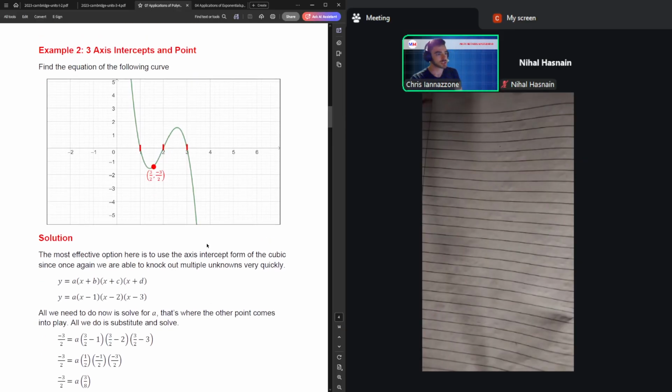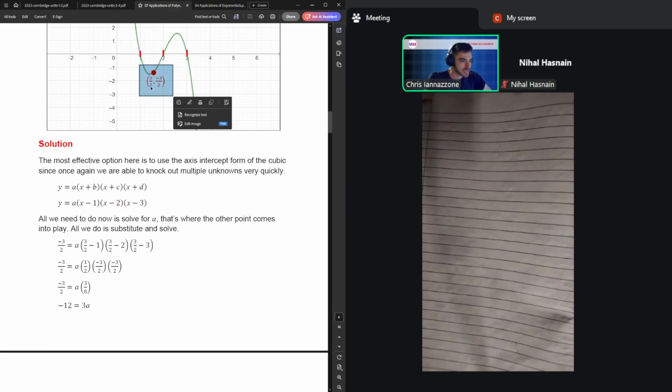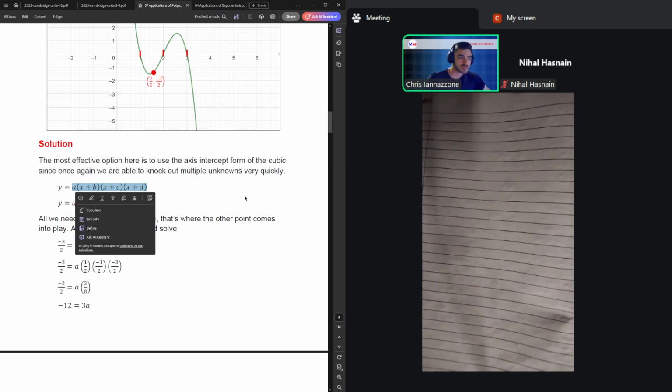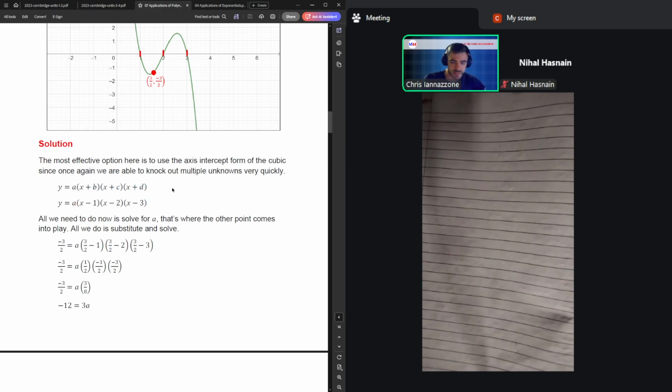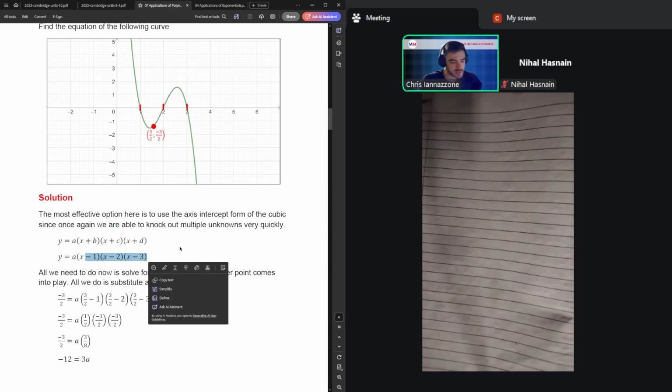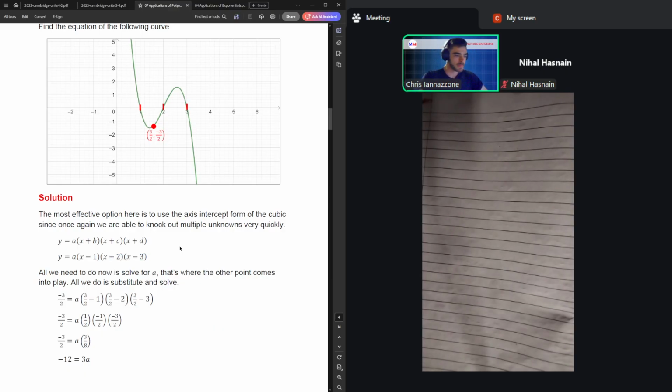If your key information is all x-axis intercepts, well, mostly x-axis intercepts, then you should use the factorized form of the cubic, simply because the null factor law will tell you where x-intercepts are. So if you know that you have x-intercepts at 1, 2, and 3, you now have x-1, x-2, and x-3.